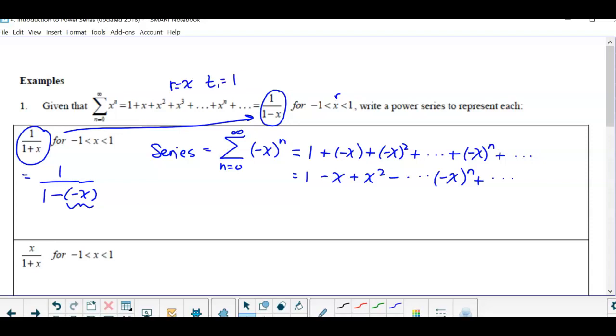And you can see that if we replace x here with negative x, we know that x has to be between 1 and negative 1 in the given. So this has to occur. Remember, when you divide by a negative, you're changing the direction of the inequality. You're dividing everything by negative 1, and so it still works out the same.